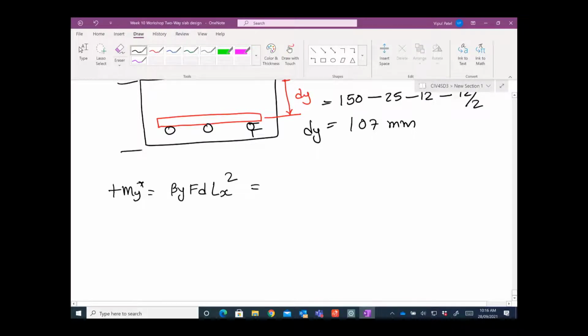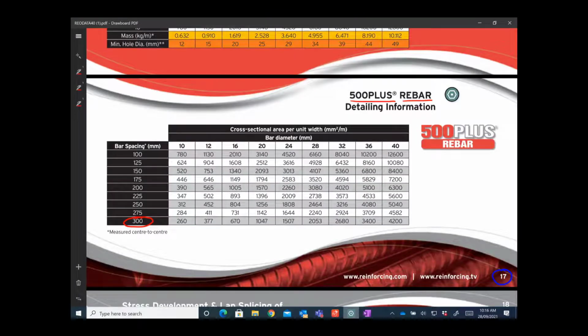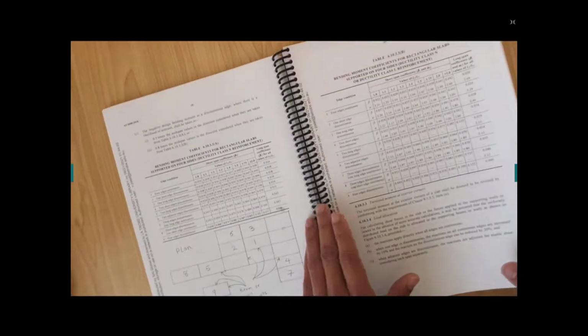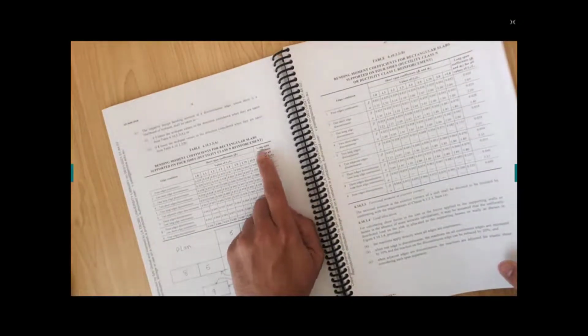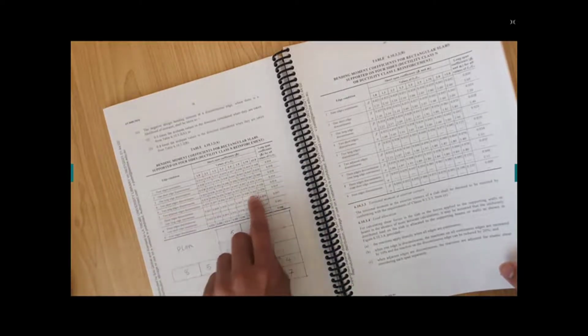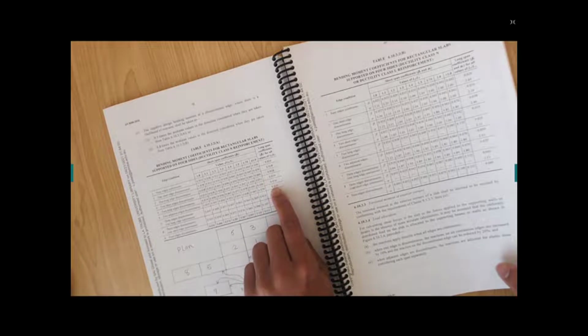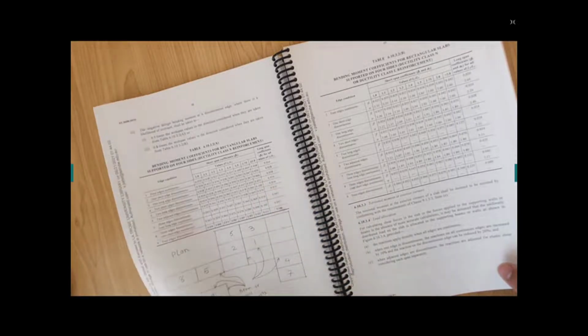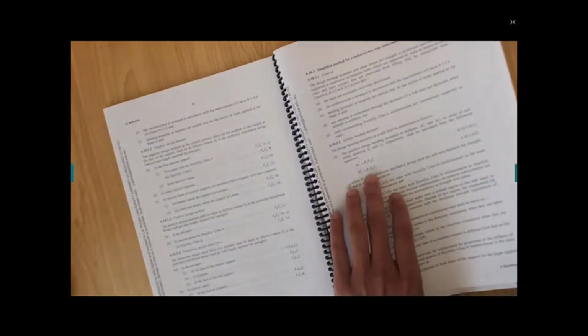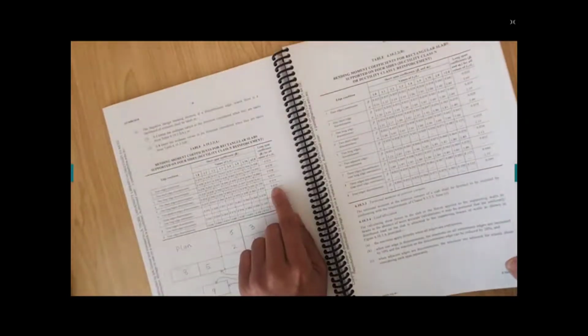So beta y is here, the long span coefficient beta y. We are working on the two adjacent discontinuous edges, 0.035. That is your beta y, and it's independent of Ly over Lx, right? Beta y is 0.035.